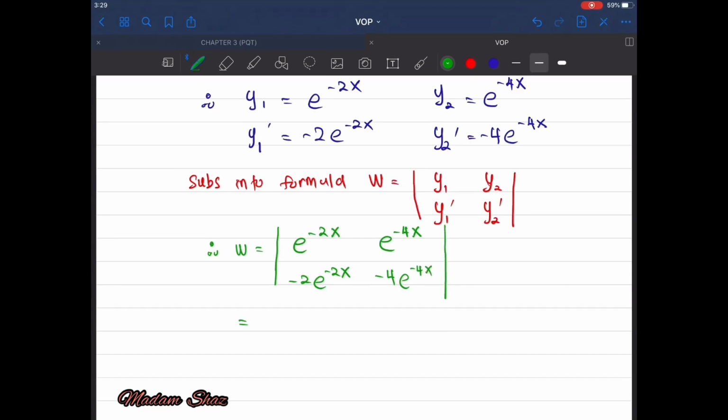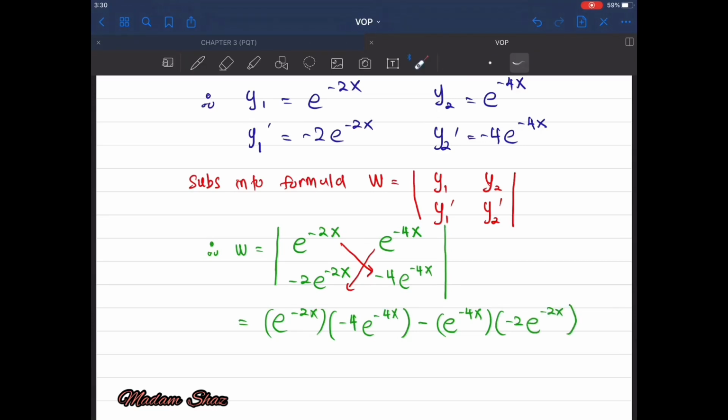So cross multiply: exponent negative 2x multiply negative 4 exponent negative 4x, minus exponent negative 4x multiply negative 2 exponent negative 2x. Minus here because the formula for the W is minus.